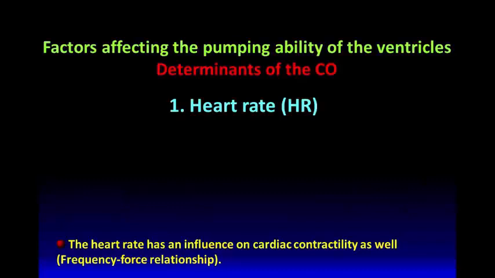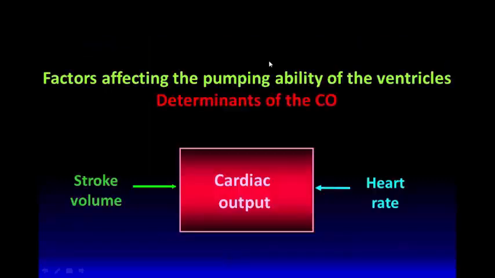We will first describe the influence of the heart rate on the cardiac output in detail. Then we will describe how stroke volume affects the cardiac output in detail and what are the factors which regulate the stroke volume itself.